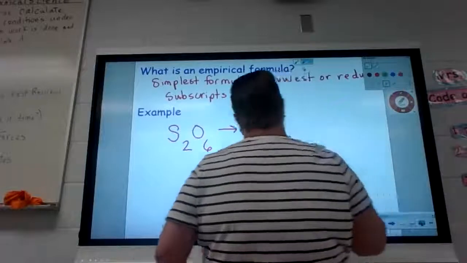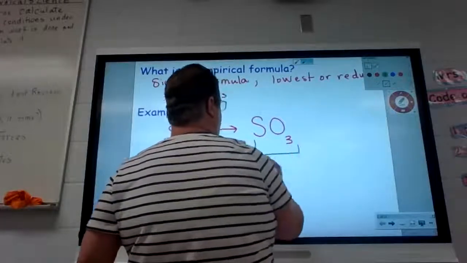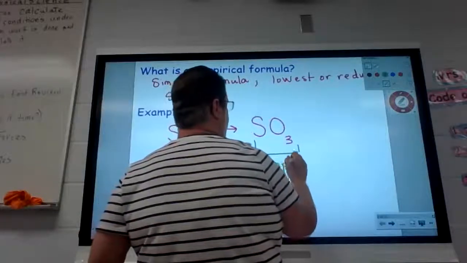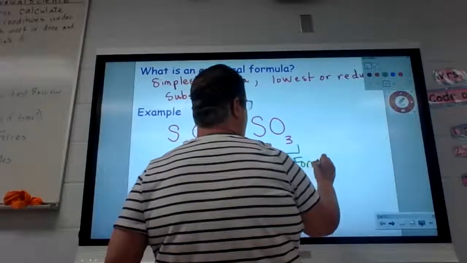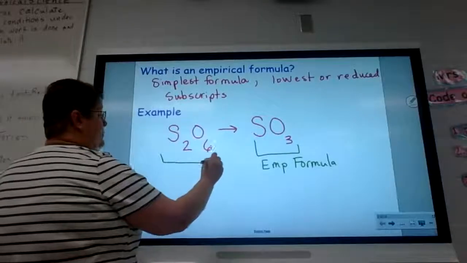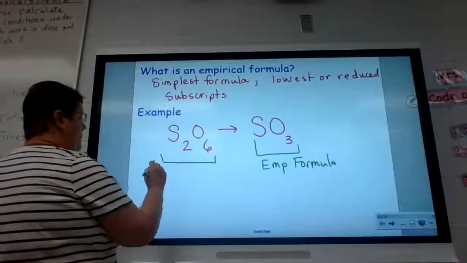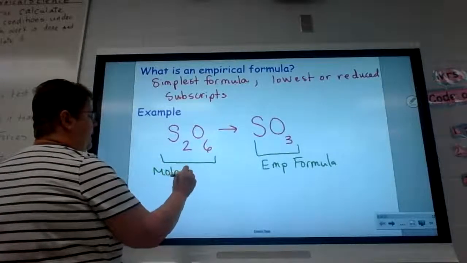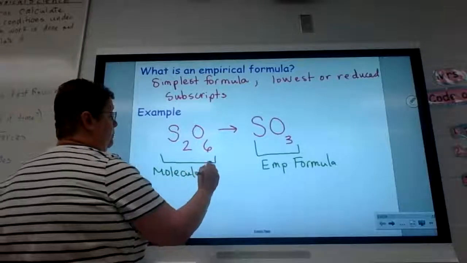Correct. Now, this is the empirical formula. This, we're going to learn in a little while, is called the molecular formula.